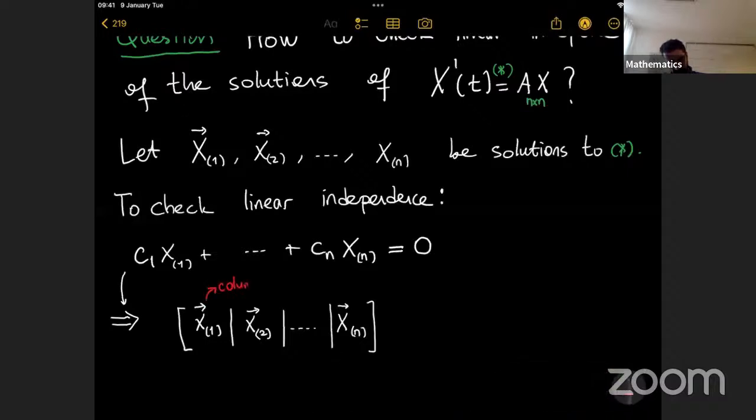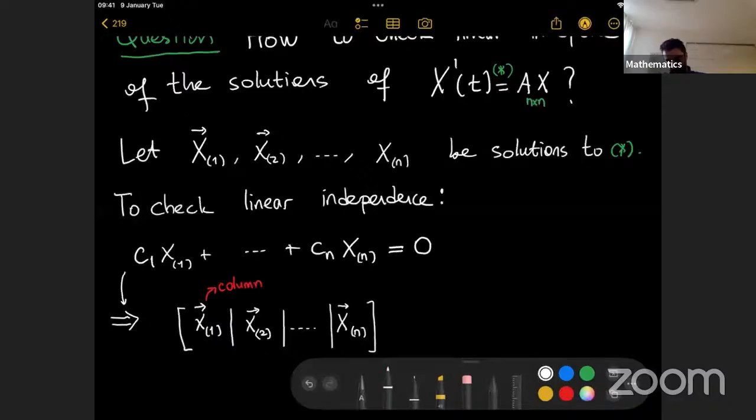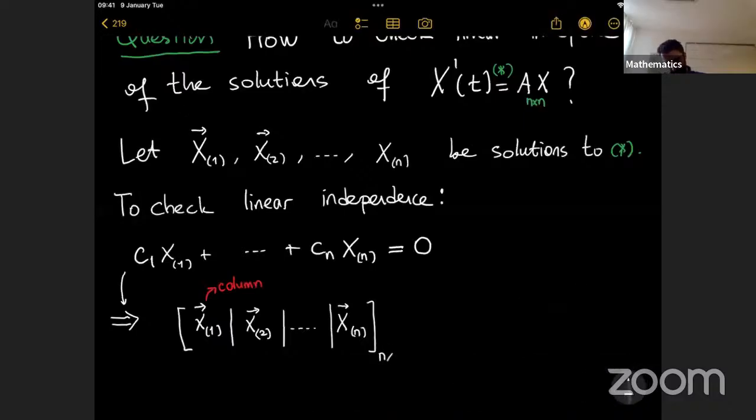Column vector, column 1, column 2, column 3. It's an n by n matrix. And you multiply this with C1 up to Cn. It's a matrix multiplication, and you get this is equal to 0. This is basically the same. Can you see this?